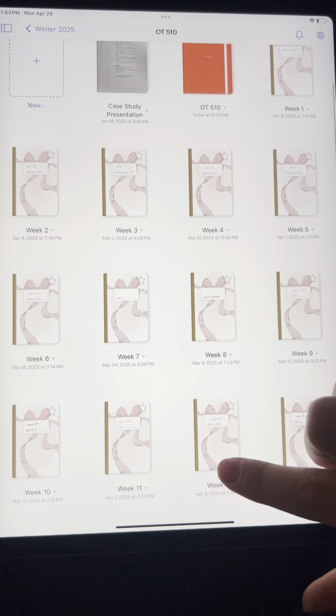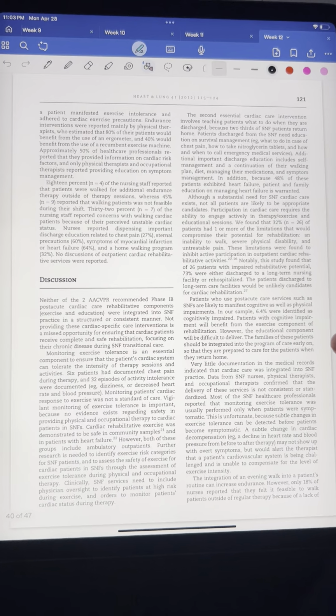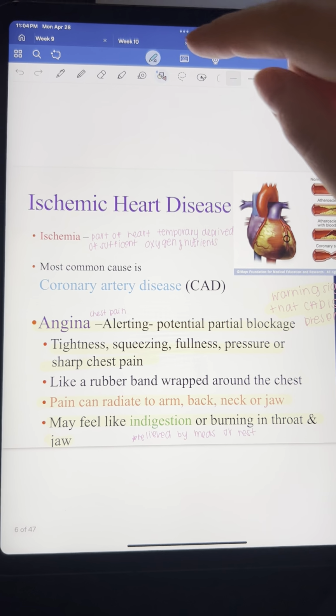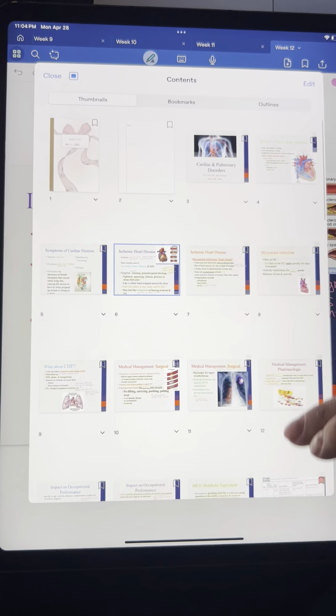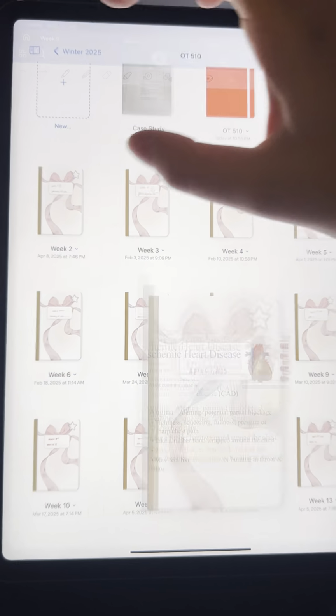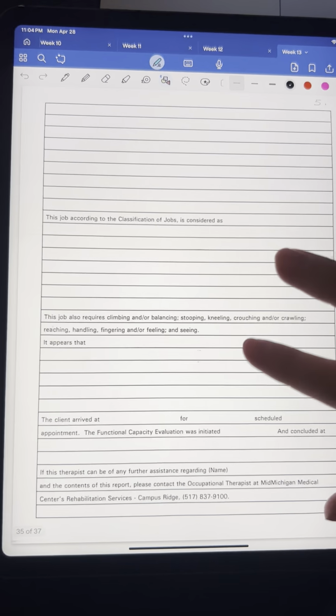And then I think I'm on week 12, which was cardio. So all of that. And then week 13, which was our work hardening.